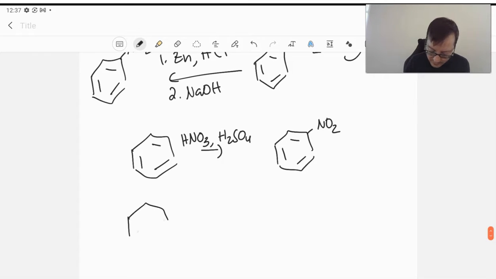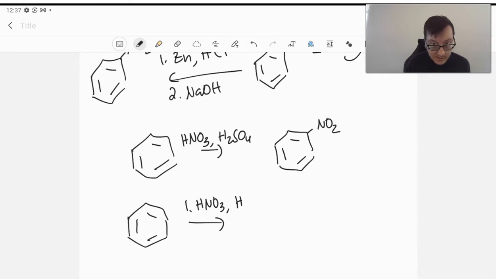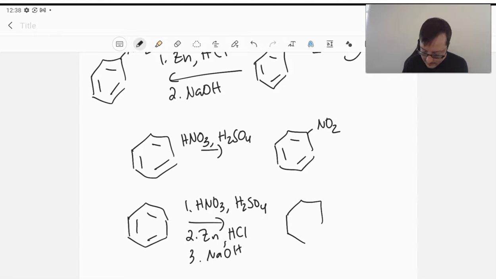However, if we take our benzene and react it first with the nitration reagents, and then do zinc and HCl followed by sodium hydroxide, we can put in an amine instead. So we have two more things to add to our toolkit here. We can nitrate it, and then once it's nitrated, reduce it.